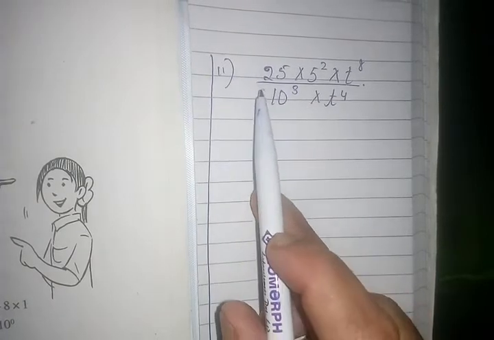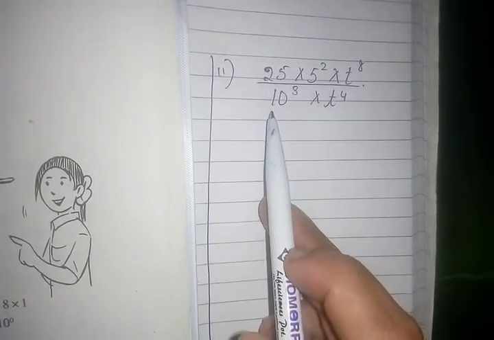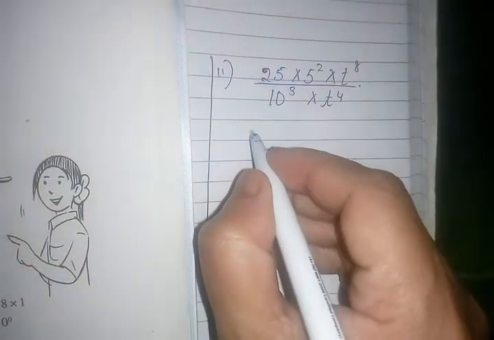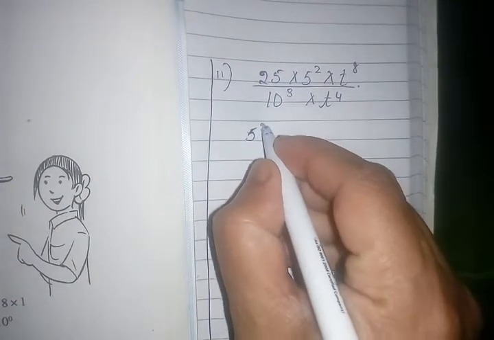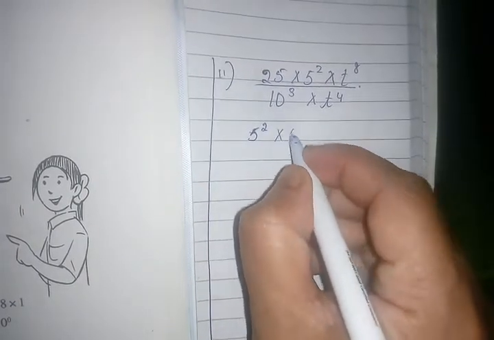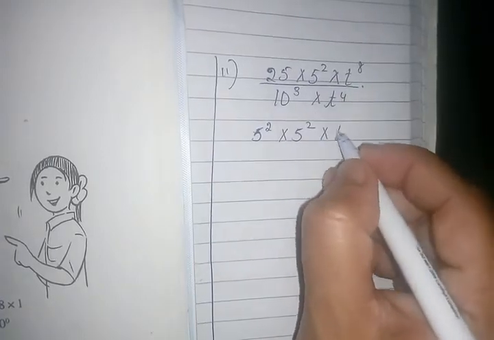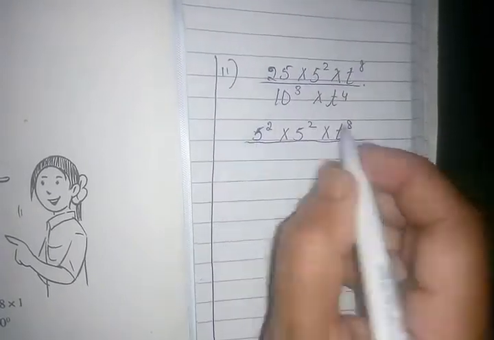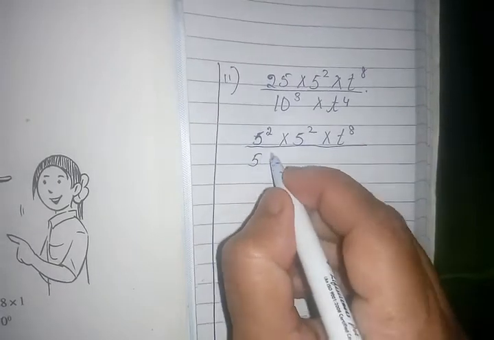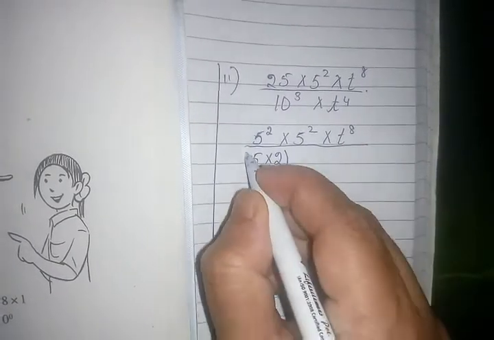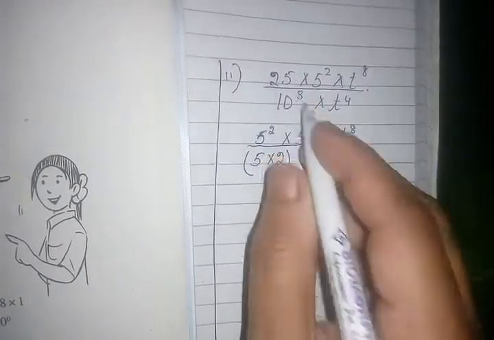Now in the second part, 25 and 10 are again composite numbers. So we can write 25 as 5 square. This is 5 square, then t raised to power 8. In place of 10, I may write 5 twos are 10, and 10 raised to power 3.